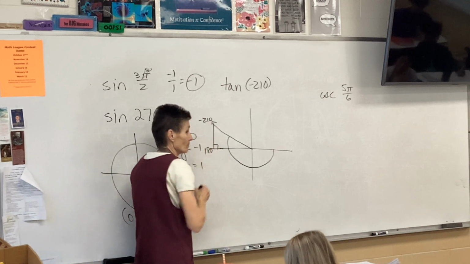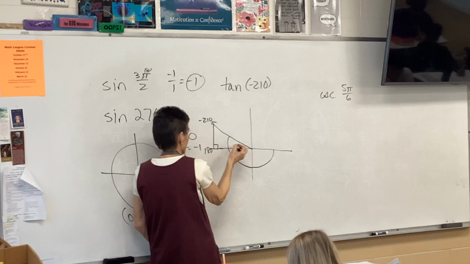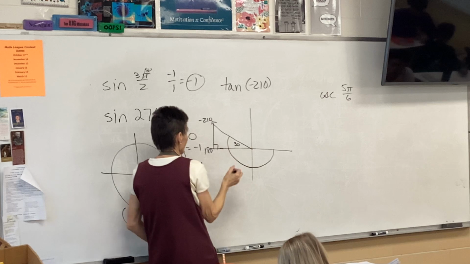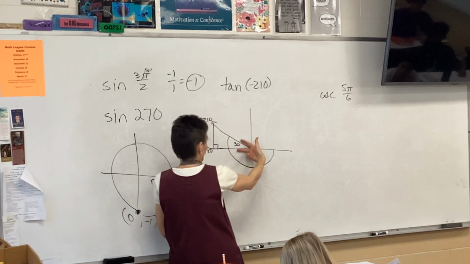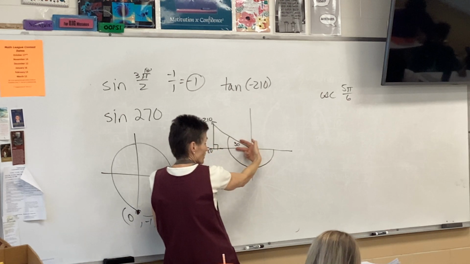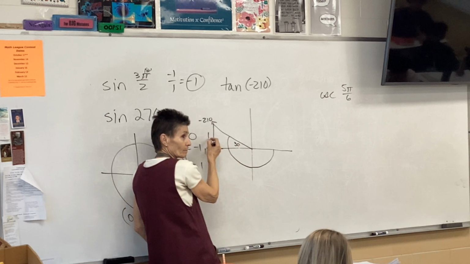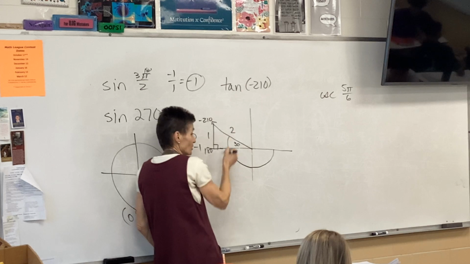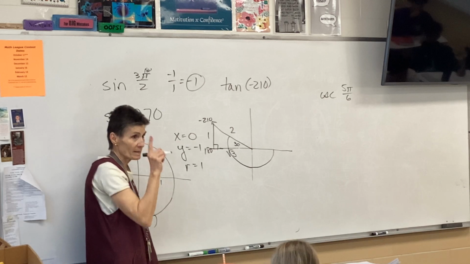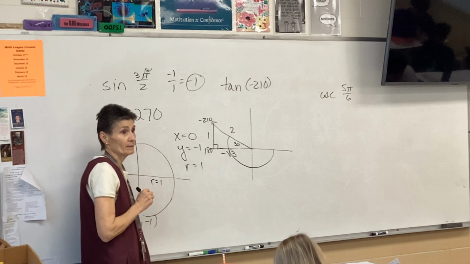This is 180. What's this? 30. Guys, right here. 180, 210. That's a 30 in between those fingers. And if that's a 30, then this is a 1, this is a root 3 and this is a 2, because that's how it works in a 30, 60, 90. But be careful, I'm in quadrant 2, which means that one has to be negative.